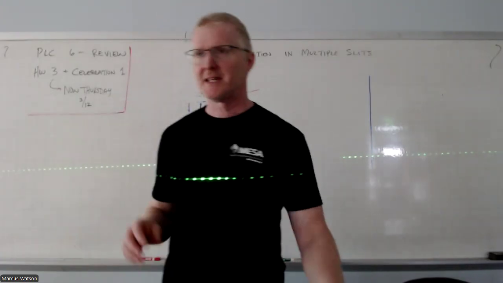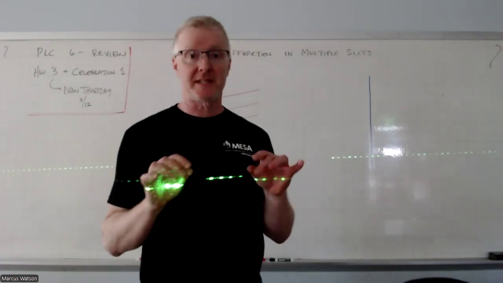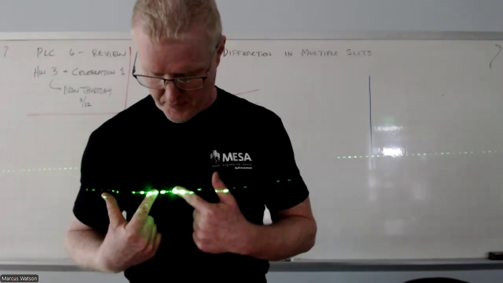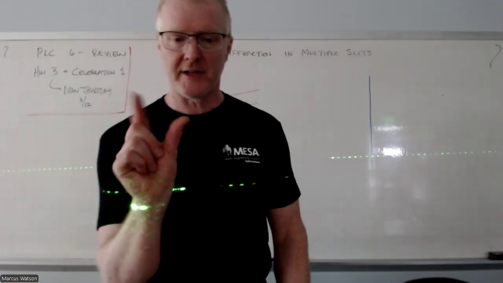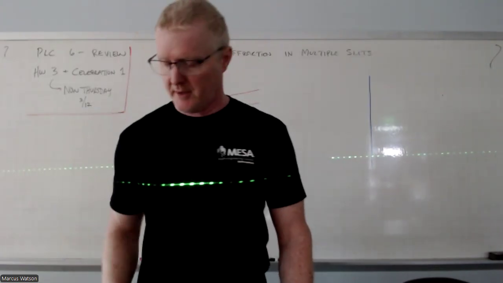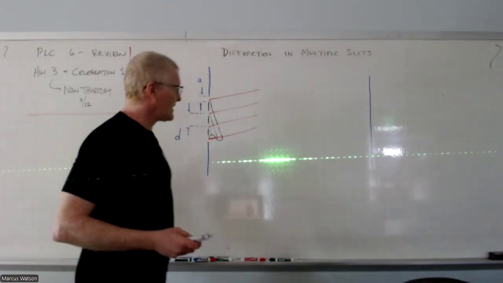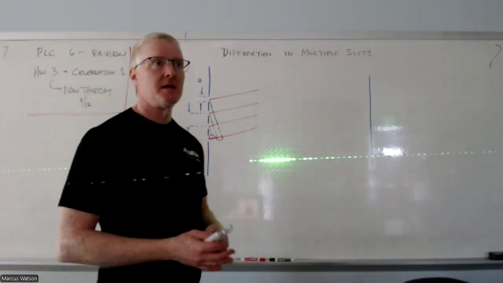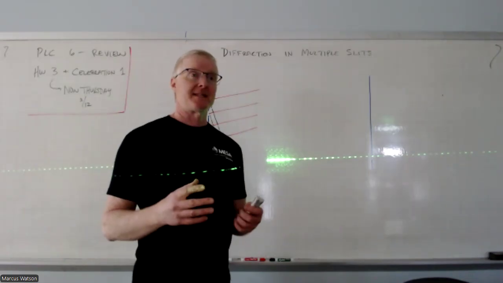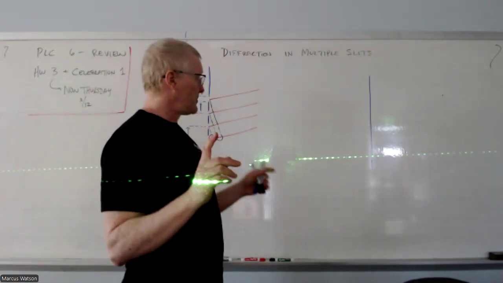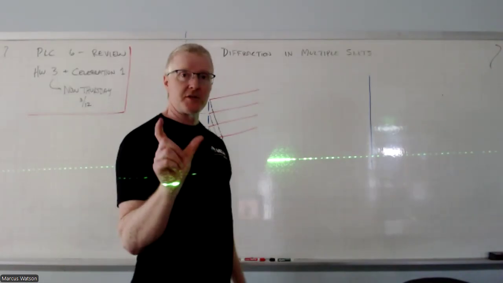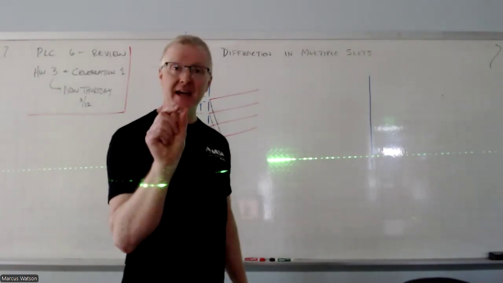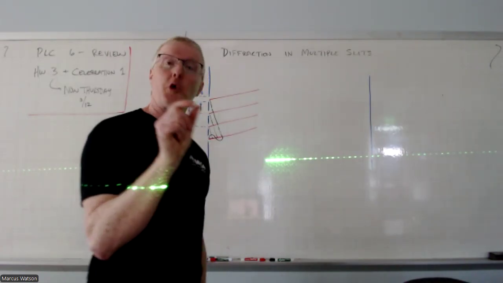So you're going to see that as I increase the number of slits, the bright fringes themselves are narrowing, okay? So what we're seeing here is that when I increase the number of slits, the bright fringes are getting more distinct. They're getting more defined in their locations, right?